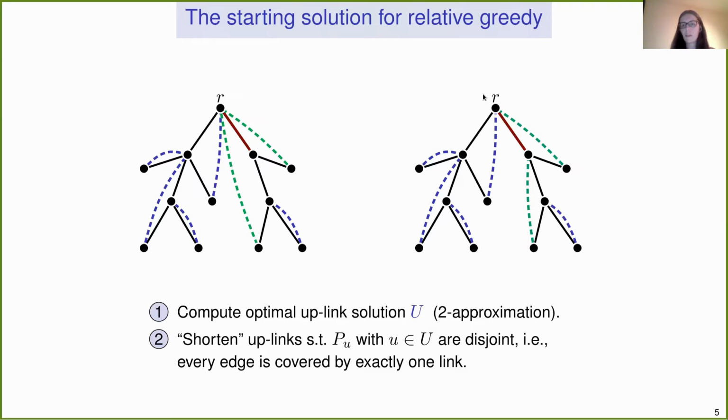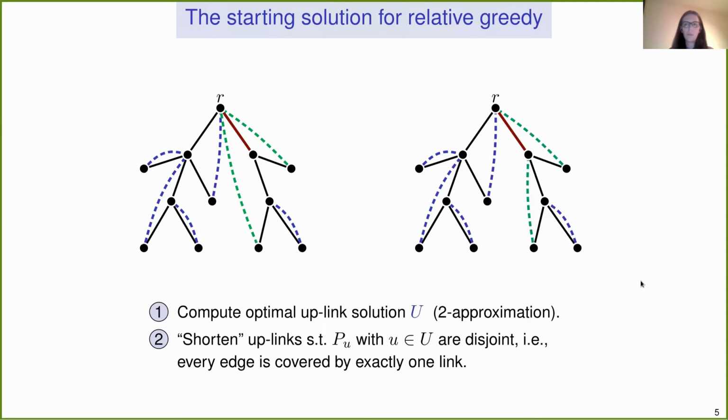And now the brown edge is covered by only one of the two uplinks. It turns out that you can always do such shortening operations, and at the end you get an uplink solution where every edge is covered by precisely one of the uplinks. Just a remark: these shortening operations are always allowed, or feasible, because we basically just weaken the link. By shortening it, we just pretend that the link covers less than what it actually does. So that's the starting solution for our relative greedy algorithm.